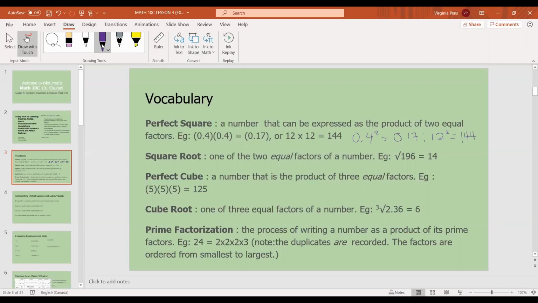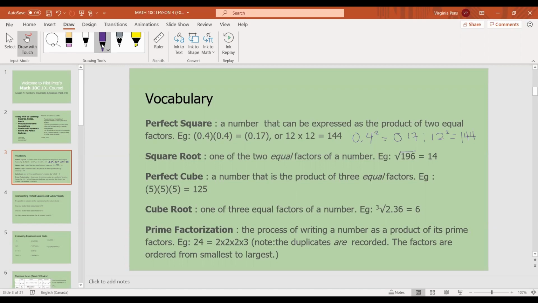Okay, and next you have a square root, which is one of the two equal factors of a number, basically the opposite of a perfect square. So going back to this, we have the square root of 196. This square root symbol is actually supposed to extend all the way above the 196, but computers aren't really formatted to do this.